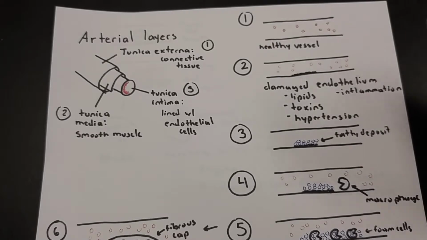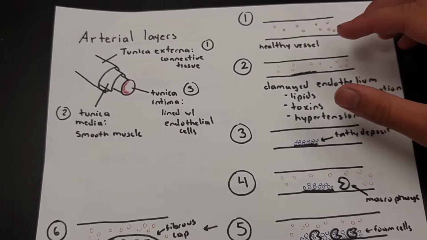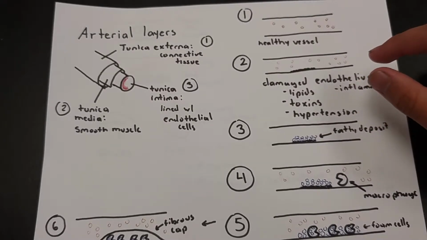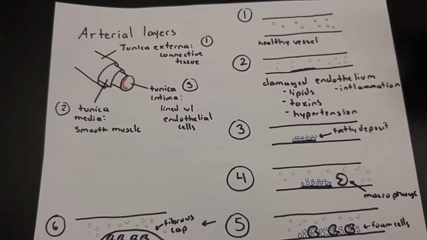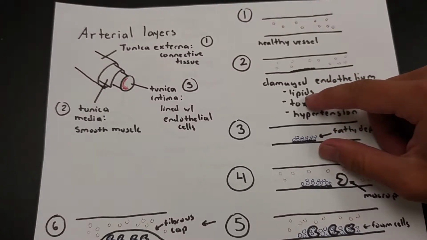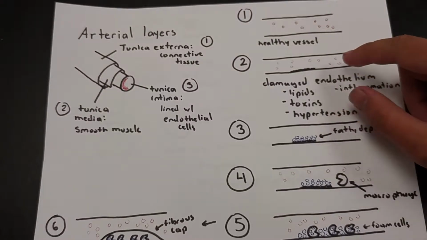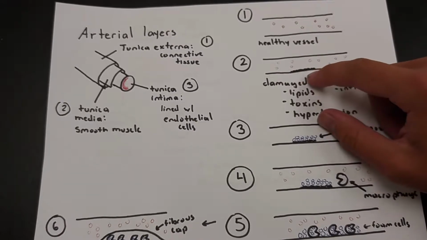For atherosclerosis to occur, the first thing is that the endothelium has to get damaged. So how can it get damaged? It can be damaged by an excessive amount of lipids in the arteries, so if you don't have a good diet and have a lot of lipids in your arteries, that can damage the endothelium.